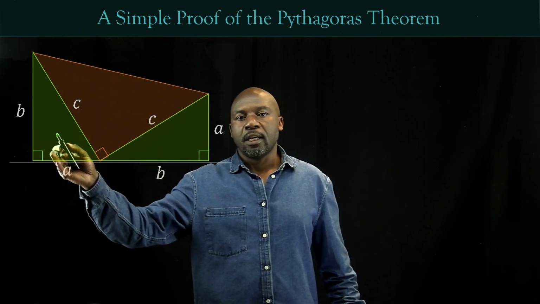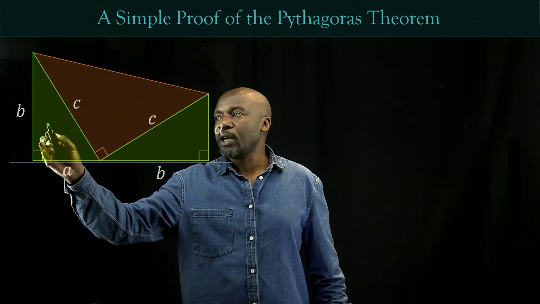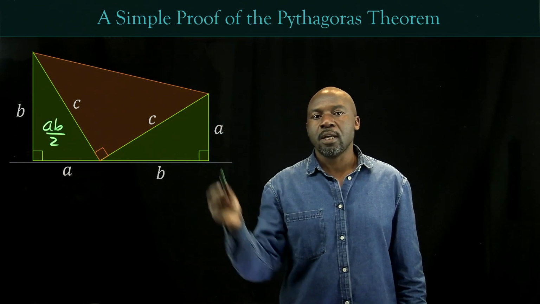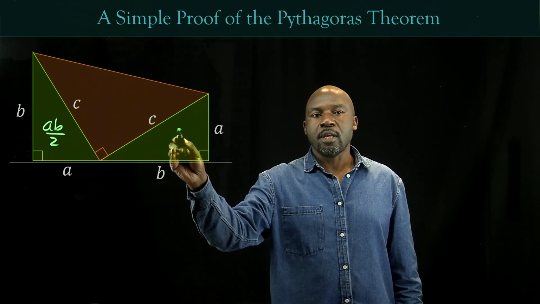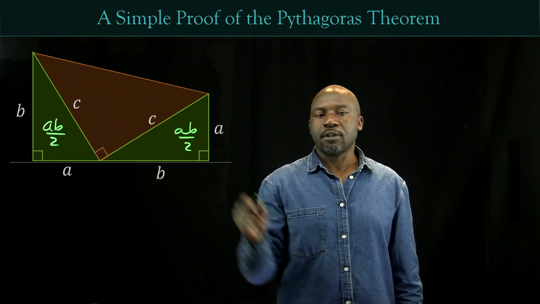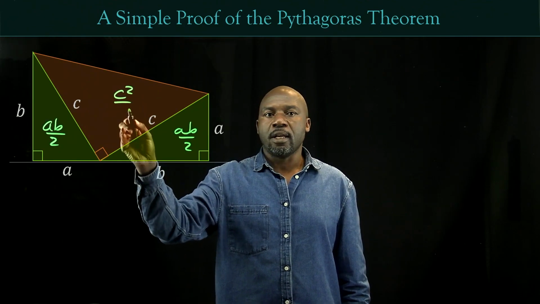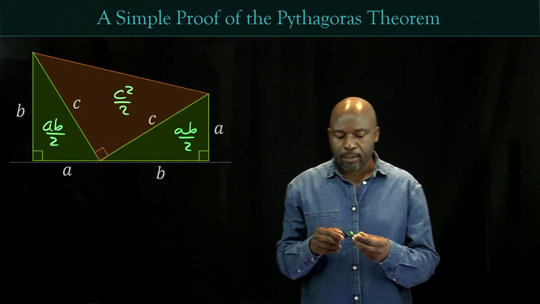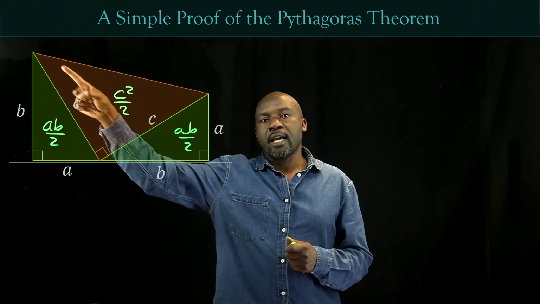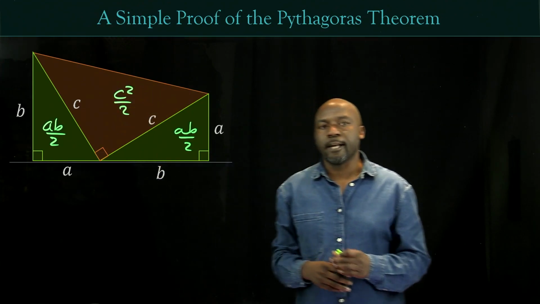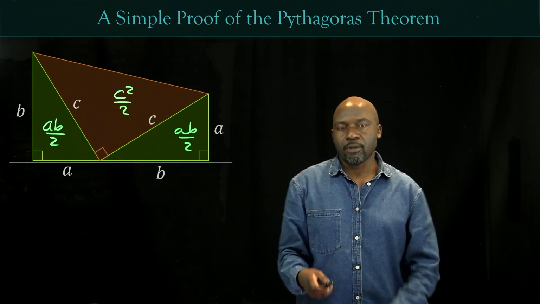So this is A times B over 2, or a half AB. This is also A times B over 2. And this is going to be C squared divided by 2. You can say it is the area of the square divided by 2 to give us that triangle there. So I have those areas there.